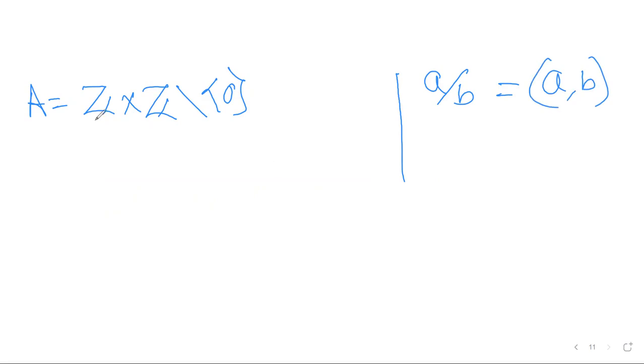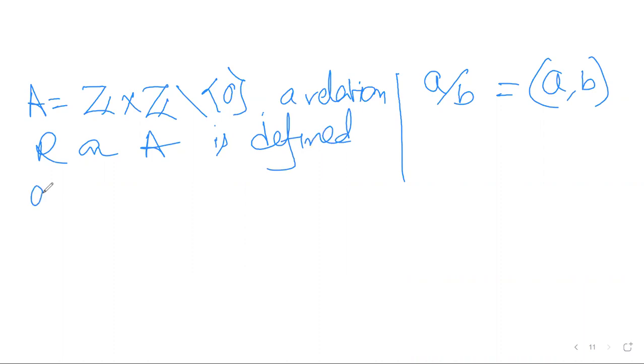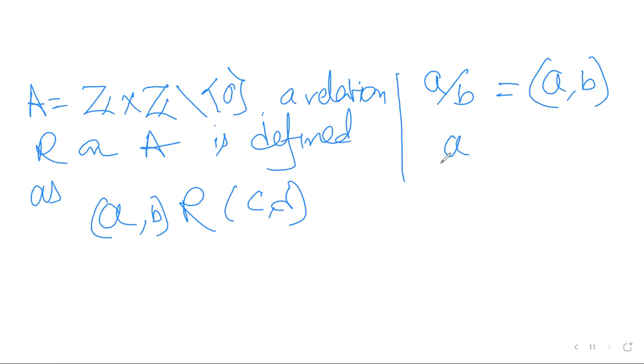Now a relation R on A is defined as: a comma b is R related to c comma d if ad equals bc.